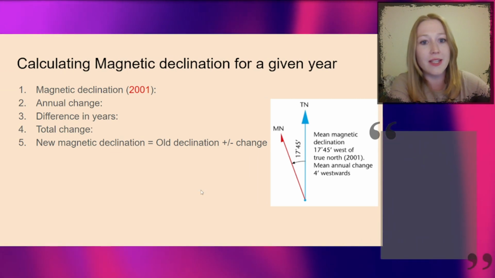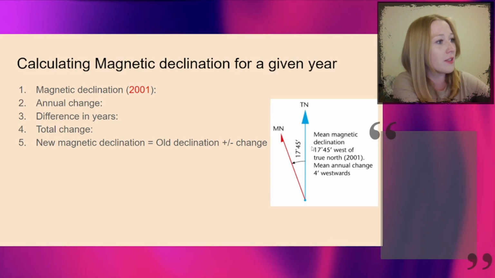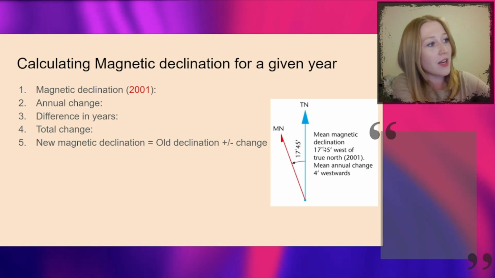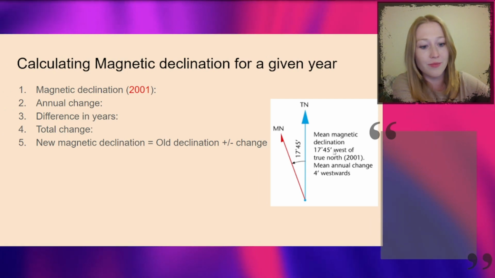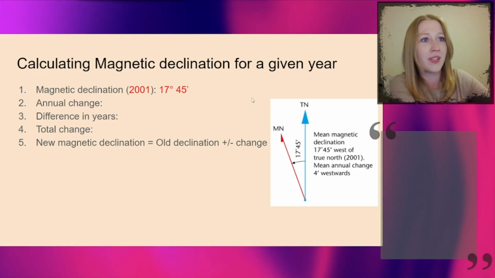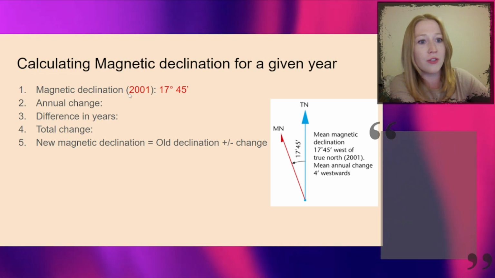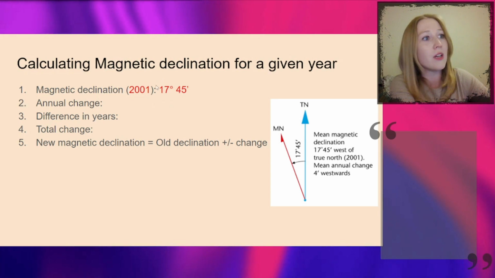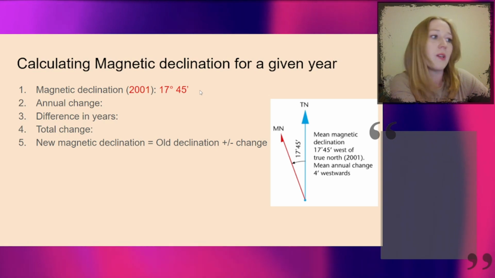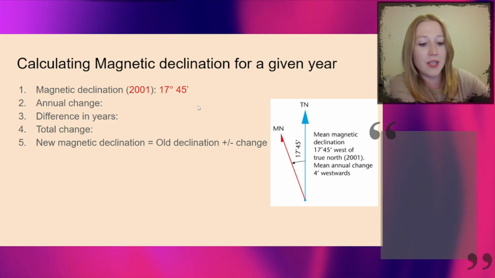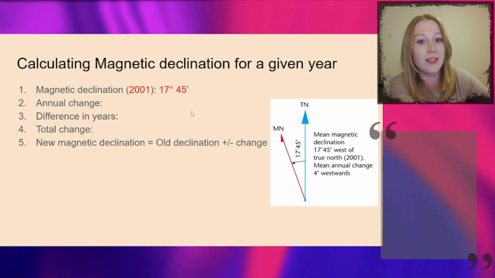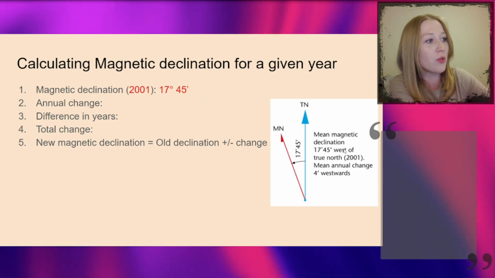And the magnetic declination in that year, there we can see, is 17 degrees and 45 minutes. So I'm going to write that down. So the declination for my old year was 17 degrees and 45 minutes. But I'm going to add in one little more detail. You need to remember to add west. Notice that it's going towards the west.